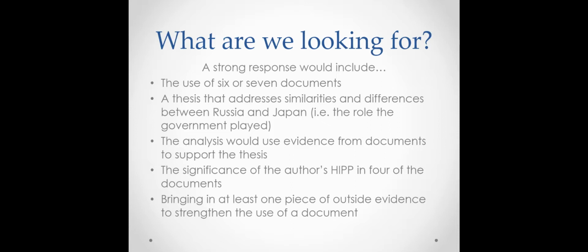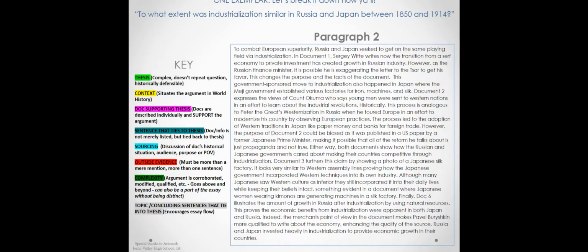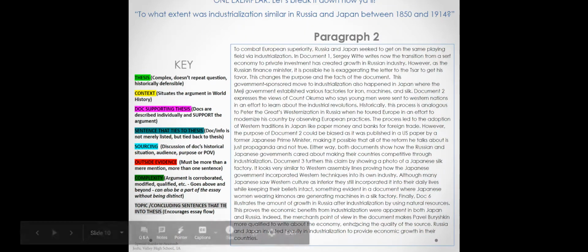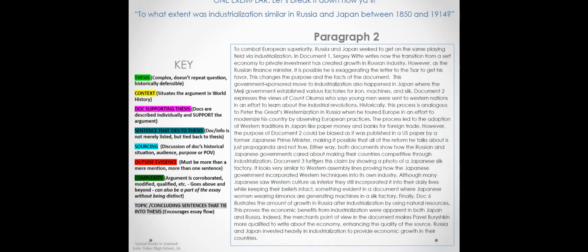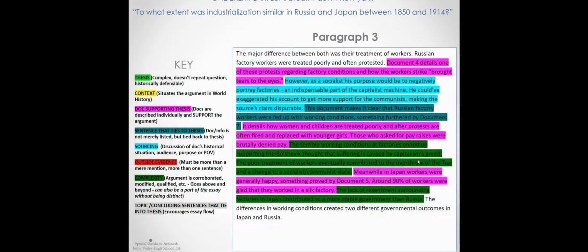And you actually saw that in the first body paragraph, where the author discusses both of these documents. So we'll go back to that. Either way, both documents show how the Russian and Japanese governments cared about making their countries competitive through industrialization.